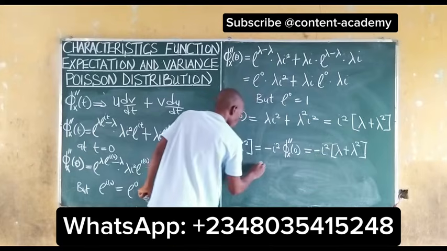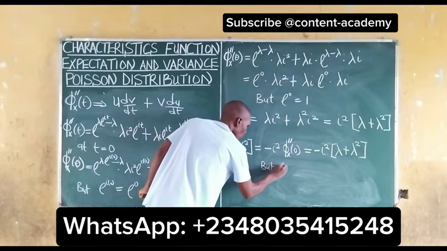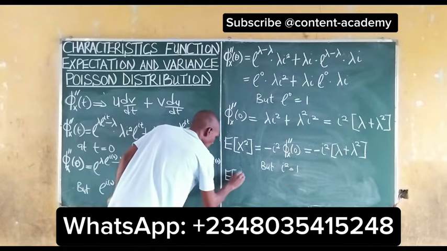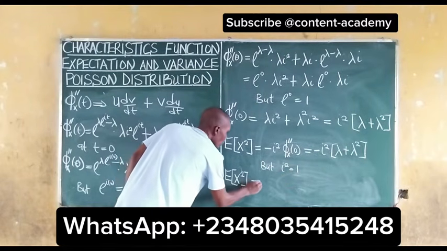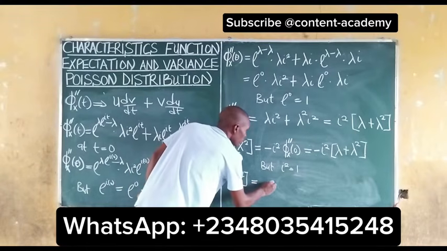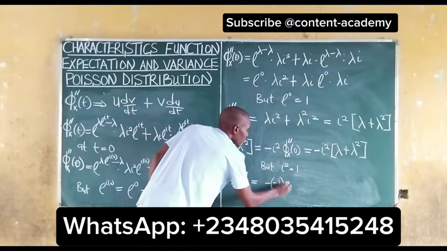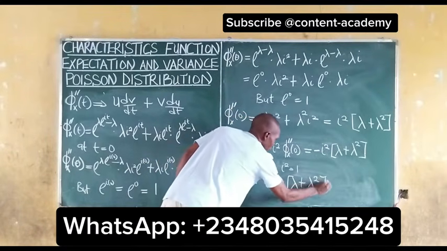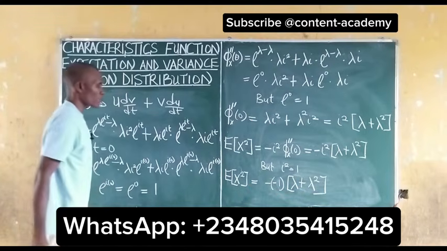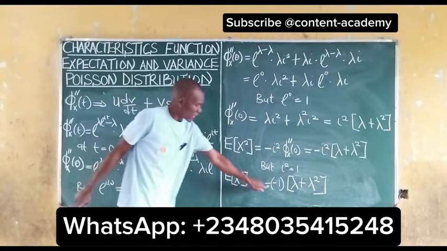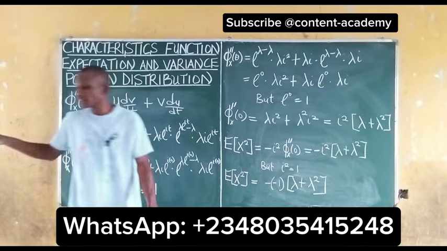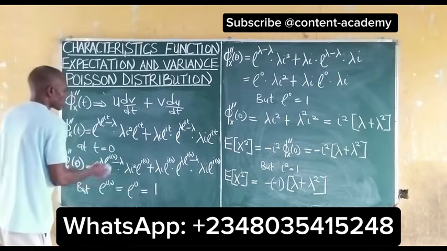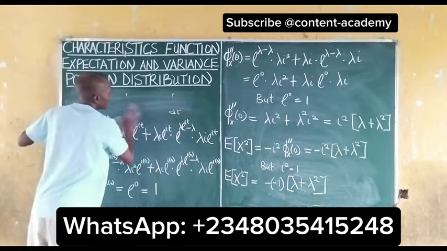So how do we compute this? We recall that i squared is equal to negative 1. It then means that our expected value of x squared is equal to negative into negative 1 into lambda plus lambda squared. So that is what we'll get. Now, negative sign will cancel negative sign to give us 1.